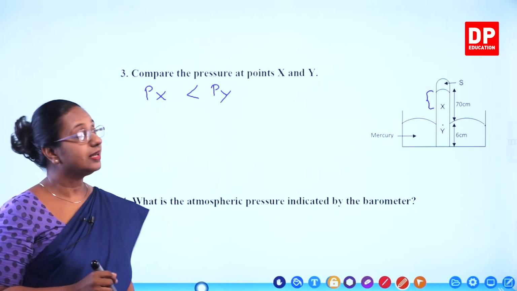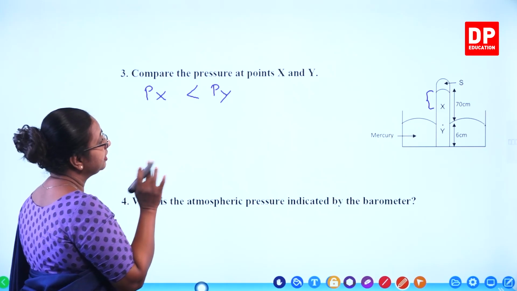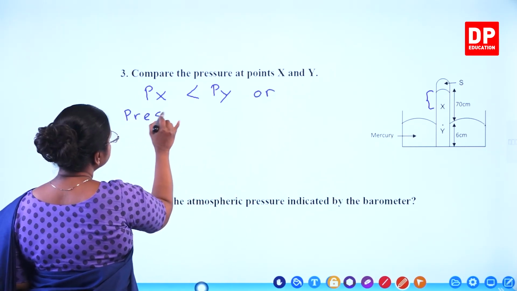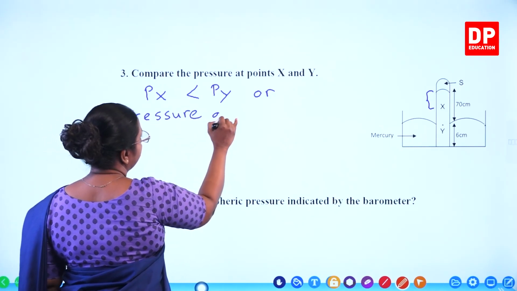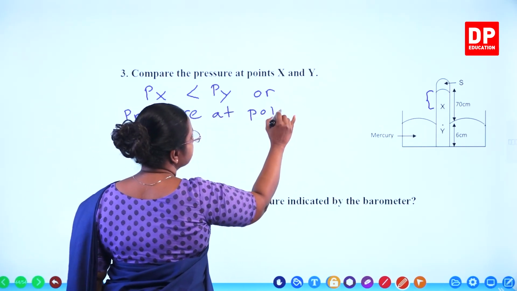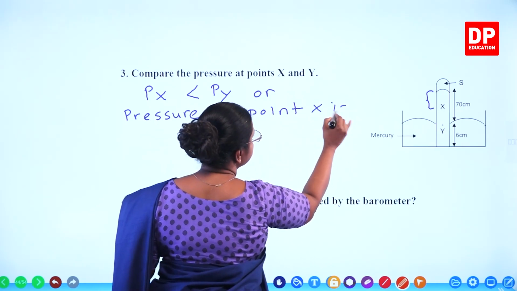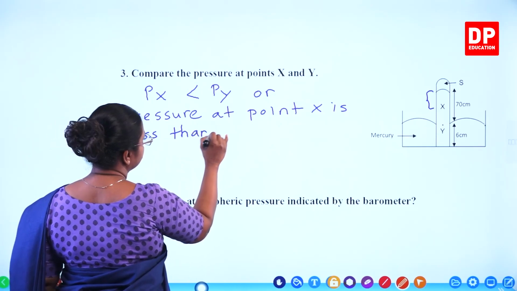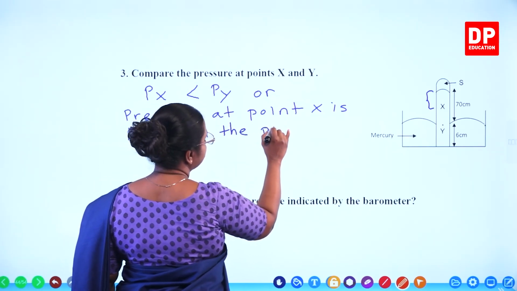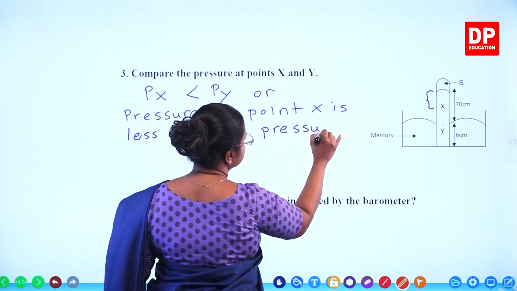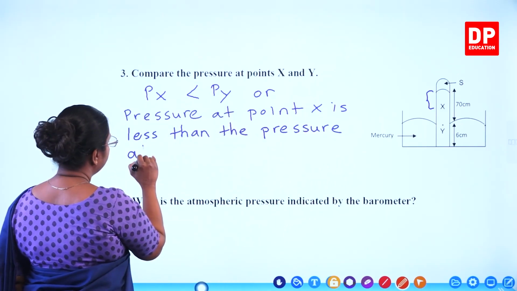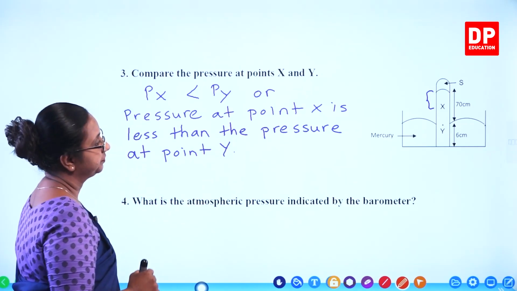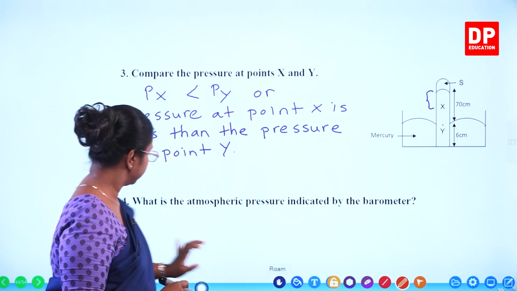That is how we can compare, or you can write it in your own words, or you can say pressure at point X is less than the pressure at point Y. So that is the answer.